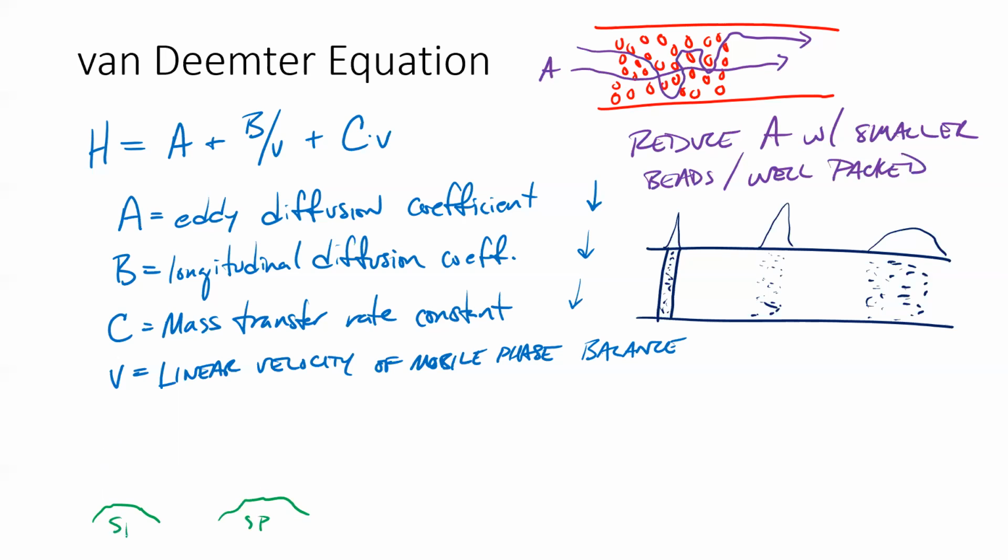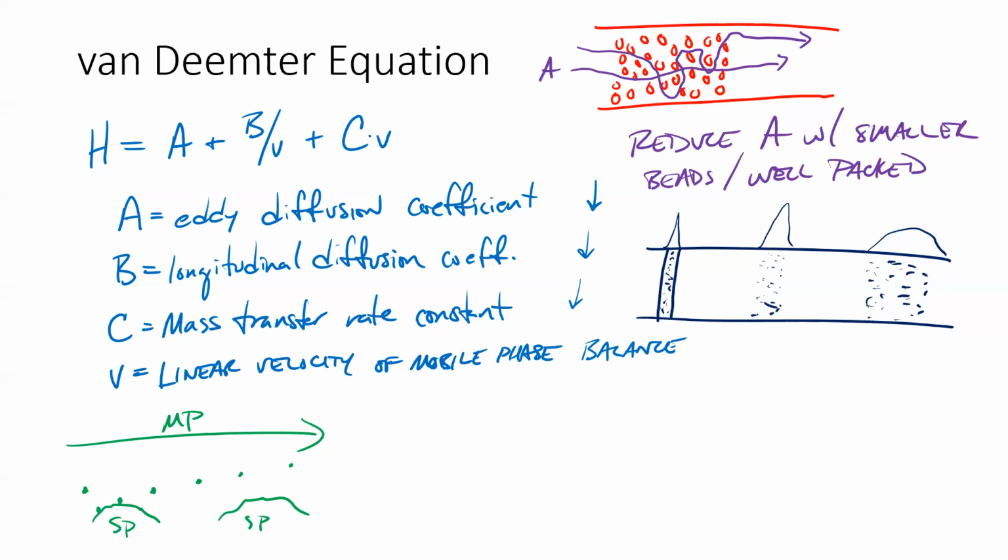Stationary phase, stationary phase. Here are our analytes. There's an analyte on the stationary phase, and another on the stationary phase. As the mobile phase is moving along, the stuff that's in the mobile phase is going to keep on moving, and the stuff that's in the stationary phase is going to get left behind. And so you get this separation.